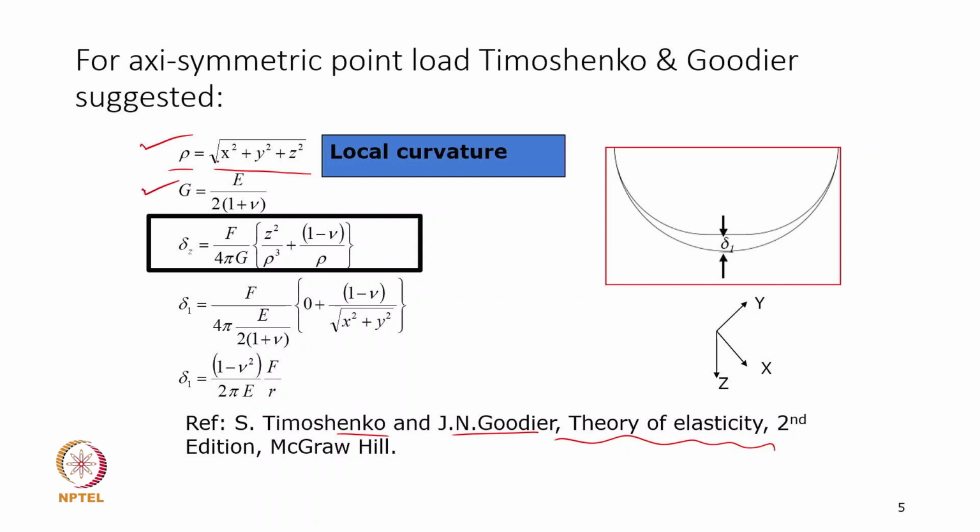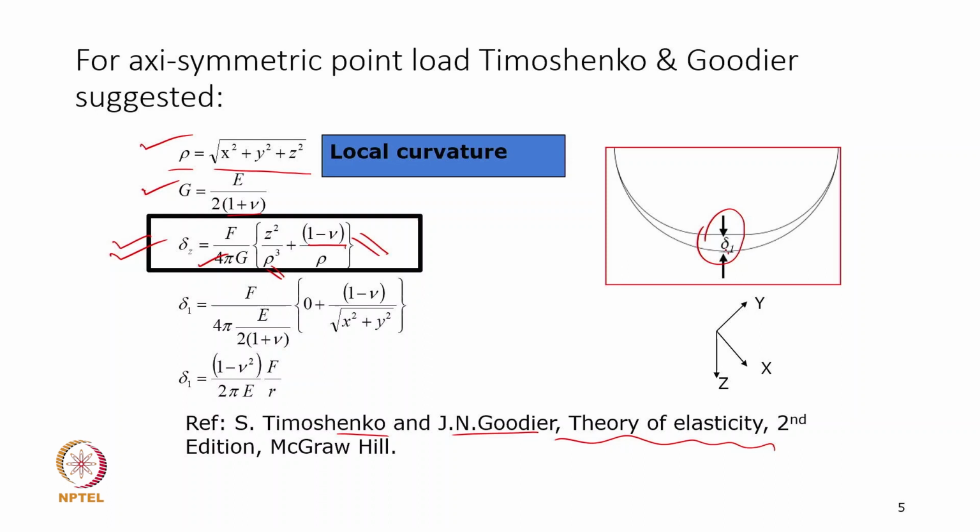The shear modulus G is given as E, the Young's modulus, divided by 2 times (1 plus Poisson ratio), and this is the deformation which has been given over here. This is what we want to derive, and in the Timoshenko book this expression has been given in the form of F divided by 4πG, z²/ρ³ plus (1 minus Poisson ratio) divided by ρ.